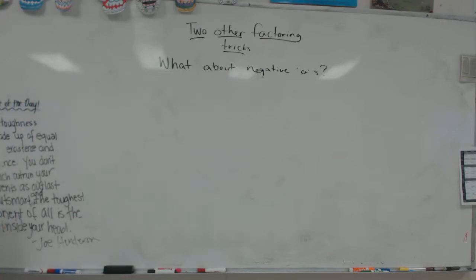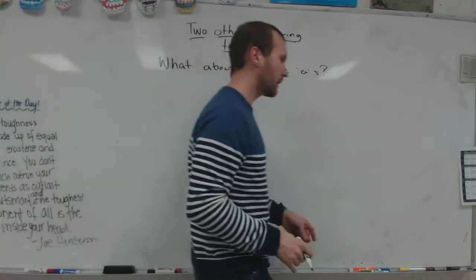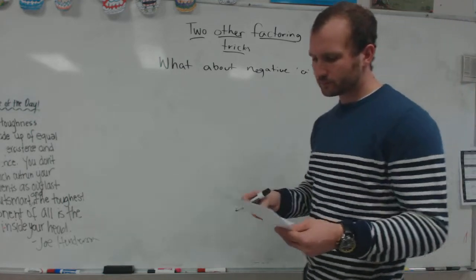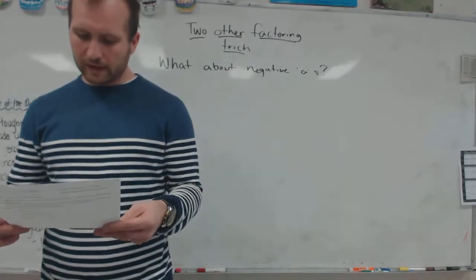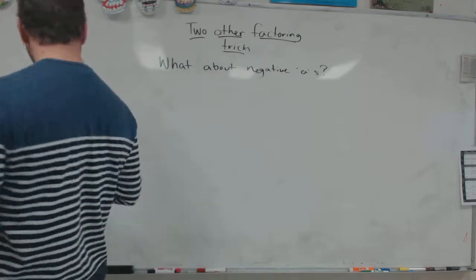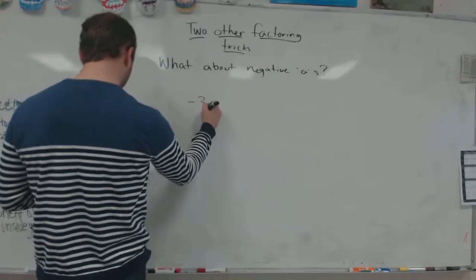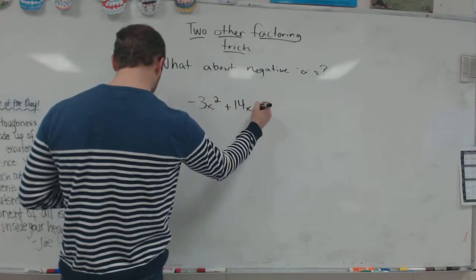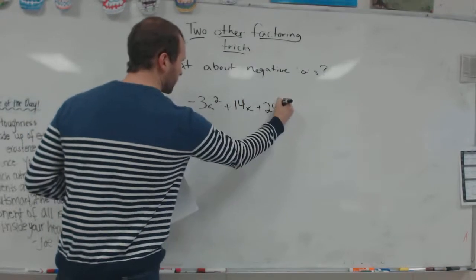All right. So let's say I had something like this: negative 3x squared plus 14x plus 24.